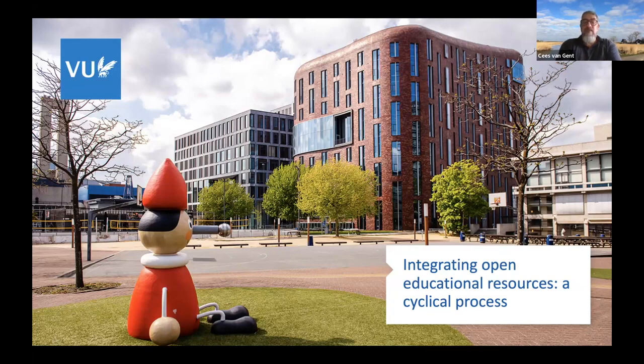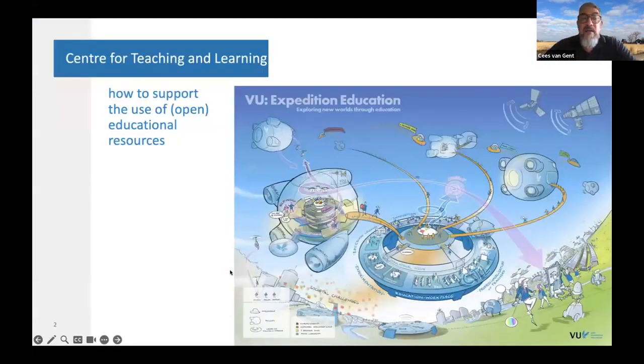And suddenly something happens in the beginning of 2020, and we had to organize education in a different way. At that time, I was part of the Center for Teaching and Learning. The Center for Teaching and Learning at the Vrije Universiteit started in 2017, and the university library was the founder, among other people, of it.